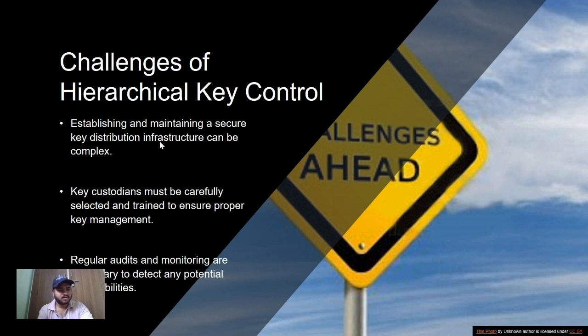Hierarchical key controls can also be used in organizational structures. In an organization, hierarchical keys can represent the organizational structure. Each department or division may have a unique hierarchical key within the organization. We can also use this in network routing.